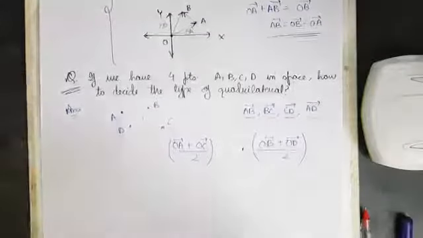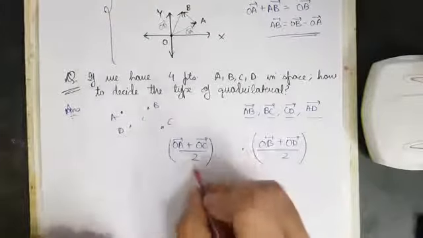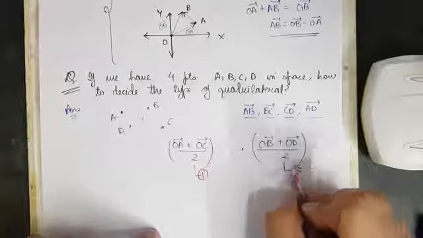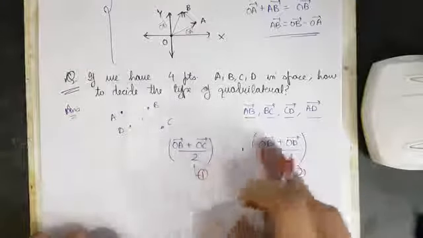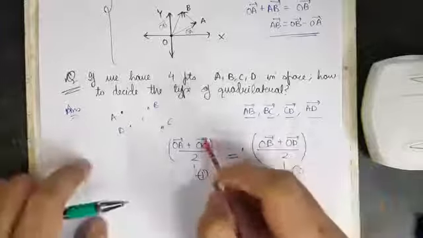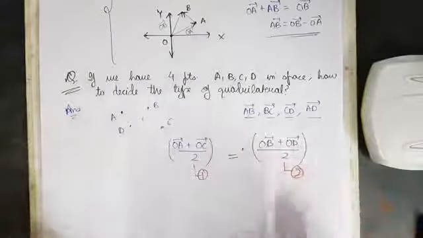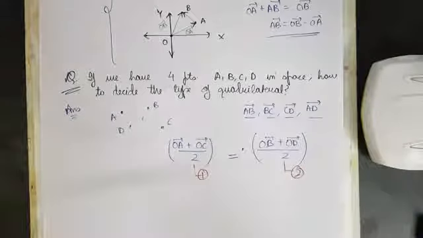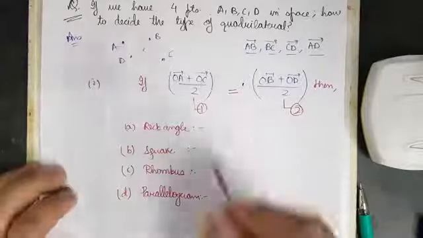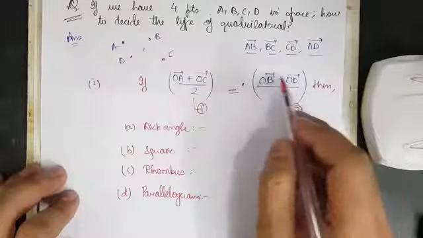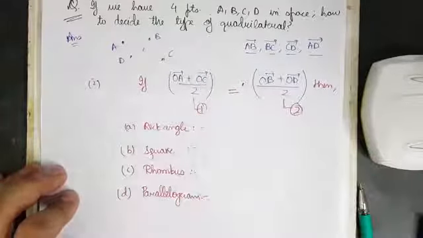If this is one equation and this is the second equation and both of these are equal, for example this is 3i cap and this is also 3i cap, and this holds true, then we can move on to decide which type of quadrilateral this is. If equation 1 equals equation 2, then the following 4 cases are possible.